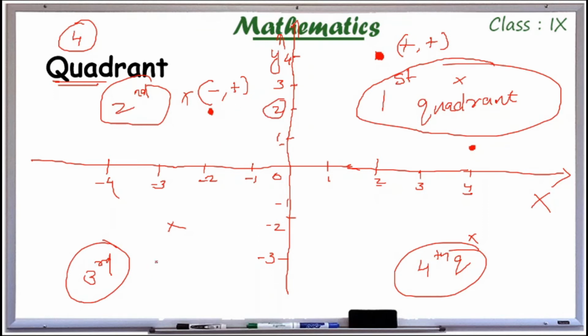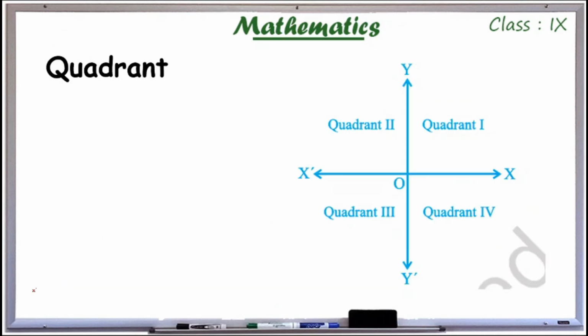And for the third quadrant, x value and y value will be negative. And in the fourth quadrant, the x value will be positive and the y value will be negative. This is how we split a plane into four: first quadrant, second quadrant, third quadrant and fourth quadrant in an anti-clockwise format.